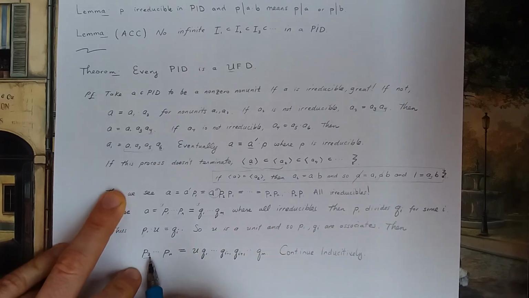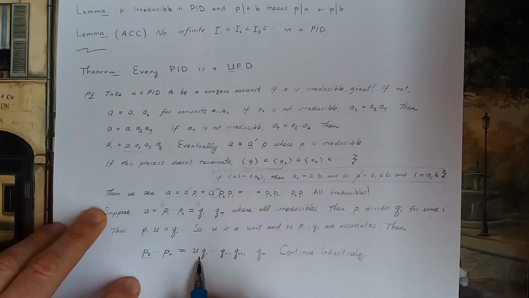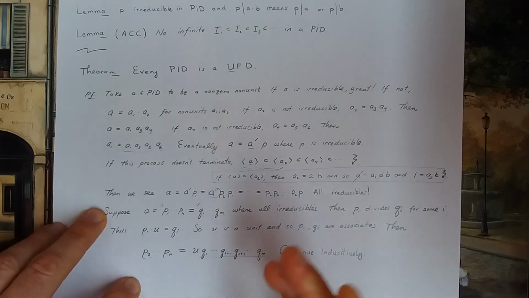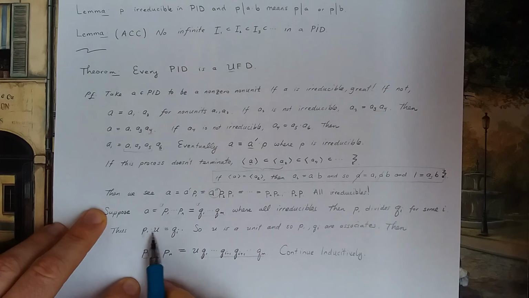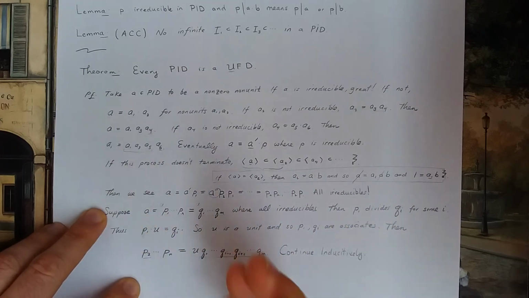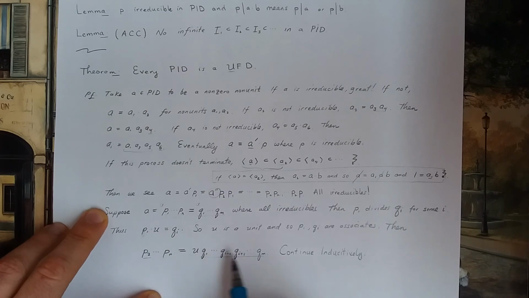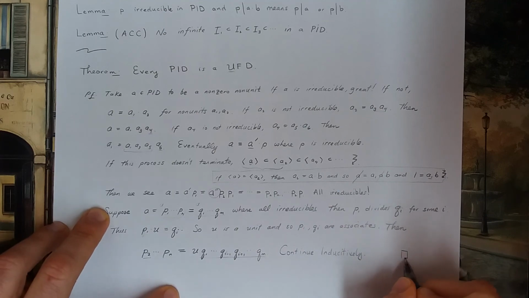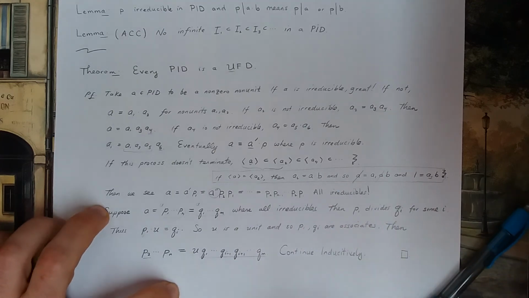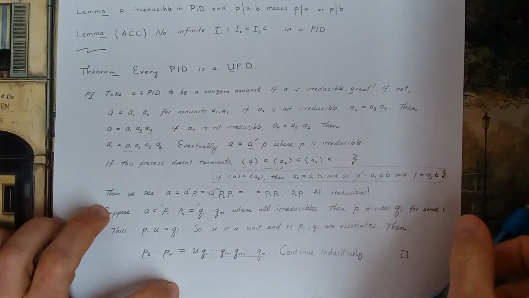Look at P2. P2 has to divide one other Qj. They're only differing by a unit, so they're associates. You can cancel them out and then repeat the process. So eventually you'll cancel everything out and just be left with 1 on both sides. So this implies n has to be m, and it implies that you've really just rearranged the terms. So that's the end of the proof of the theorem that every PID is a UFD.